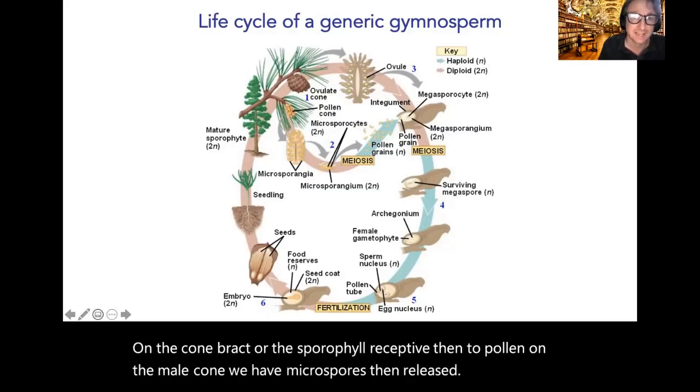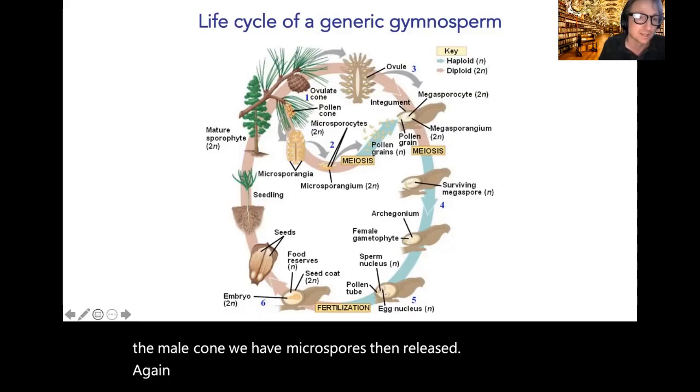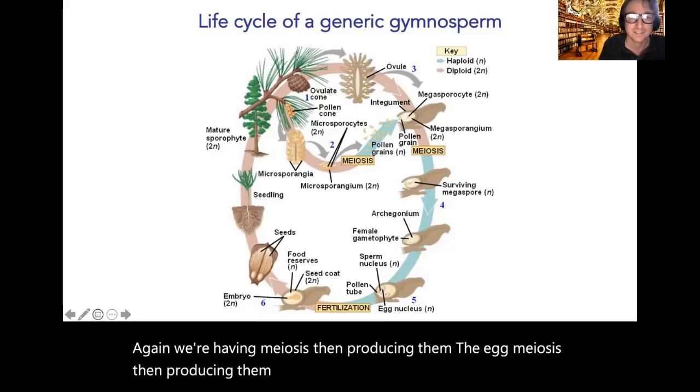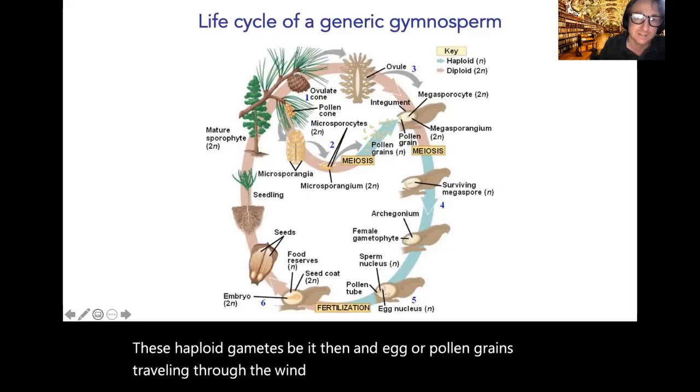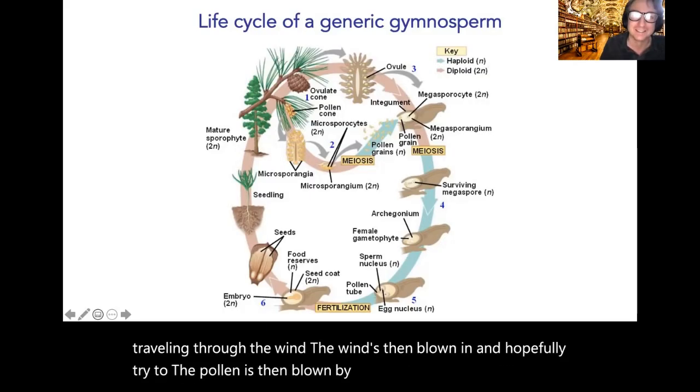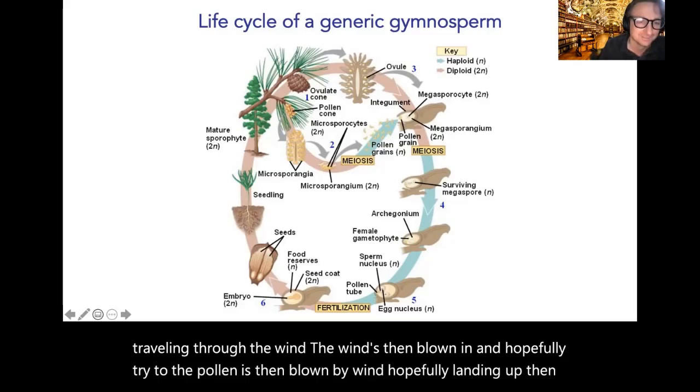Again, we have meiosis producing the egg, meiosis producing the sperm, right? We're then releasing these haploid gametes, be it an egg or pollen grains traveling through the wind. The pollen is blown by wind, hopefully landing in close proximity to the ovule.